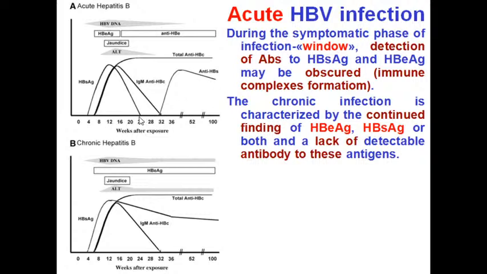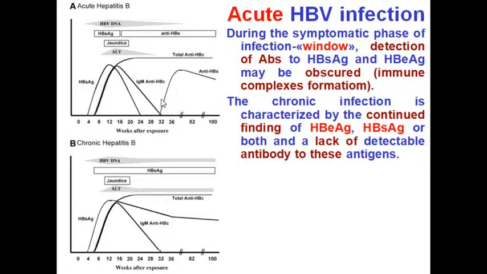Why? This is the period when the HBs antigen and HBs antibodies will not be found, because they may form the so-called immune complexes. And by the way, the immune complexes are not detectable by regular enzyme-linked immunosorbent assay.